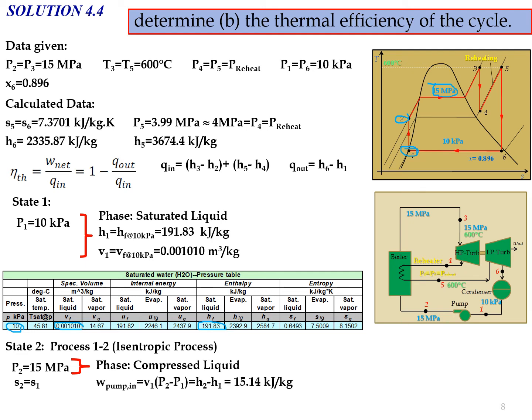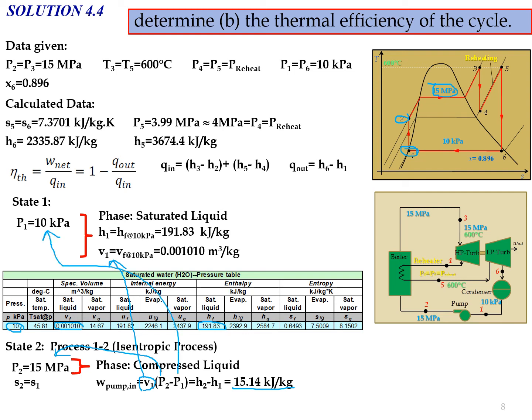From the analysis, the equation for work pumped in is equal to v1 times (P2 minus P1), and it's also equal to h2 minus h1, which is 15.14 kilojoule per kg. How do we calculate this? We already know v1 here, and we know that P2 is 15 megapascal and P1 is 10 kPa.